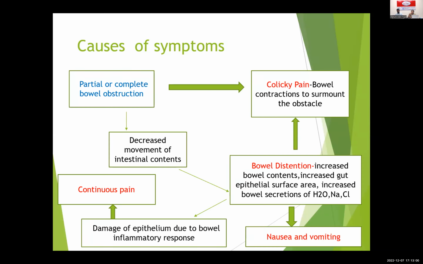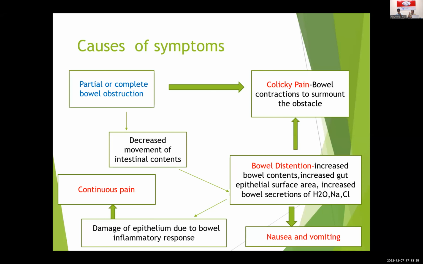The bowel distension is due to the increased bowel contents and the increased gut epithelial surface area. This leads to increased bowel secretions, which in turn cause nausea and vomiting. There is damage to the epithelium due to the bowel inflammatory response, and this leads to the continuous pain.